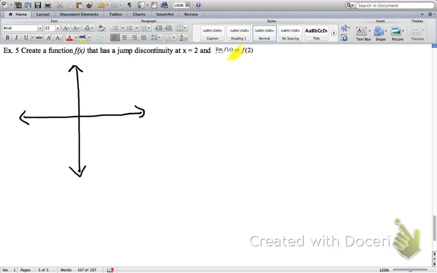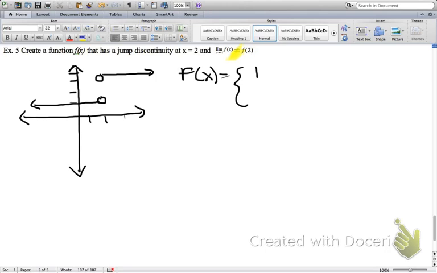at our value of 2 for our x. So when I draw this, I'm going to have 2 simple linear functions here. Where my f at x is going to be equal to 1 for x less than 2, and my function is going to be equal to 4 for x greater than 2.